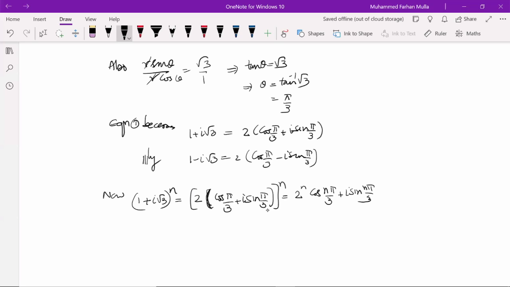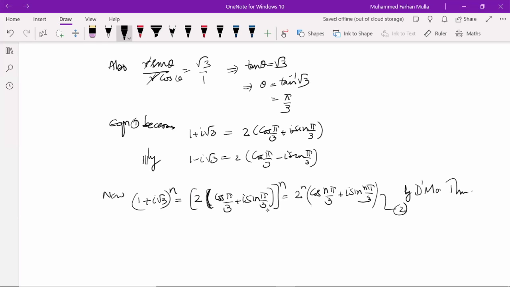I have multiplied this n to the angle pi by 3 using De Moivre's theorem. Remember, you should always put a bracket over here. Otherwise, 2 raised to n will be only a multiplying factor for cos n pi by 3. You should identify very clearly that this 2 raised to n is for both the cosine and sine terms. So 1 plus I root 3 is over. We call this equation number 2.